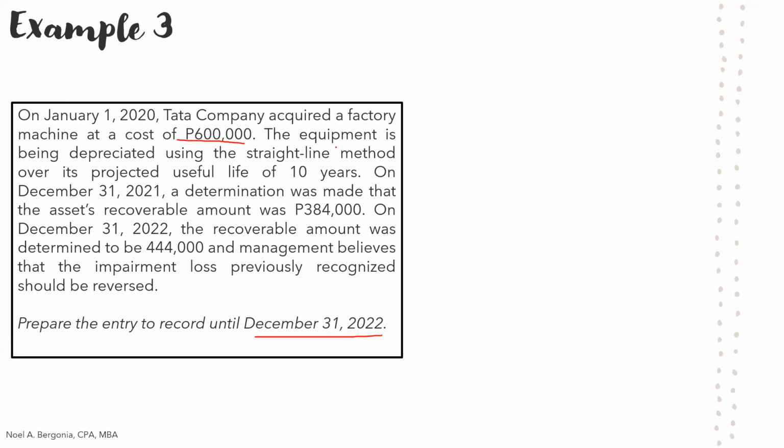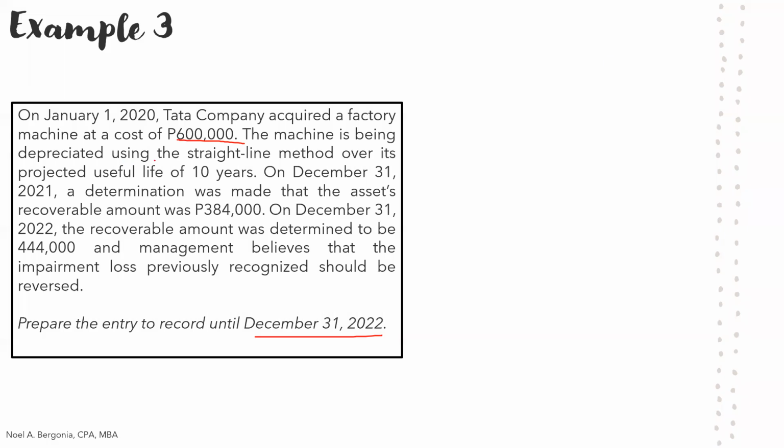The machine was being depreciated using the straight line method over the projected useful life of 10 years. So that's the useful life. Now, you did not notice any salvage value, so it's 0. Then on December 31, 2021, a determination was made that the asset's recoverable amount was 384,000.